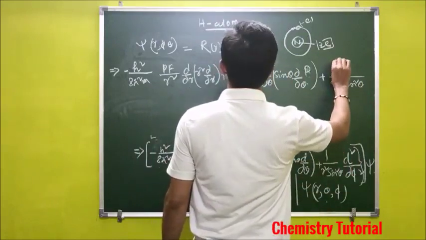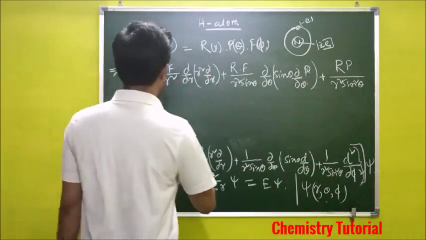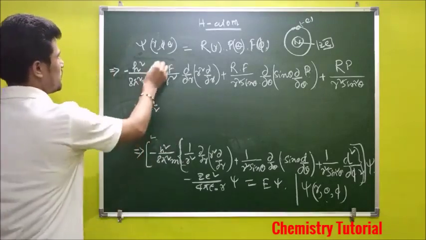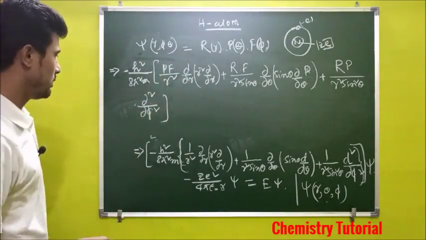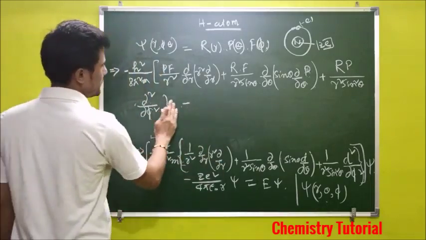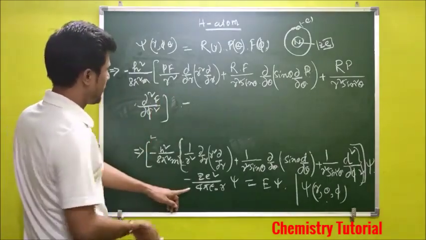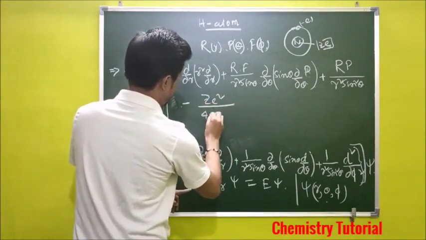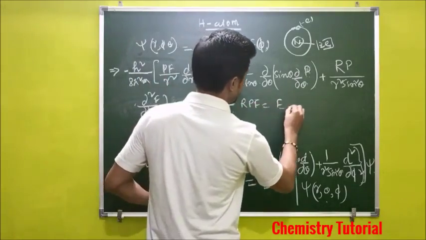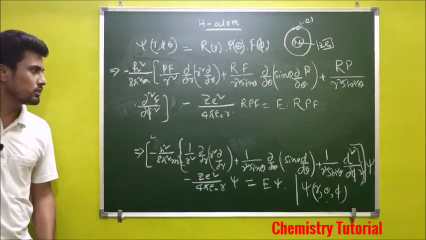So here P and R will come out and you will be left with d square d of phi square, into psi equal to, no, psi will not be there, we have already replaced it, and in place of psi you will have z over 4 pi epsilon naught into R P F, and E into R P F. Okay, so this is the Schrodinger equation.